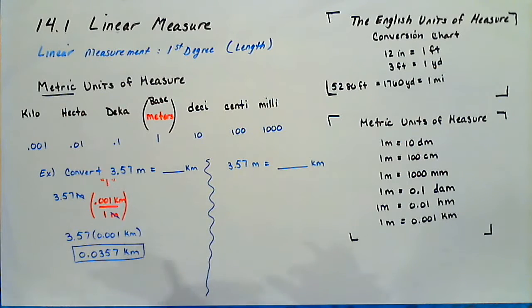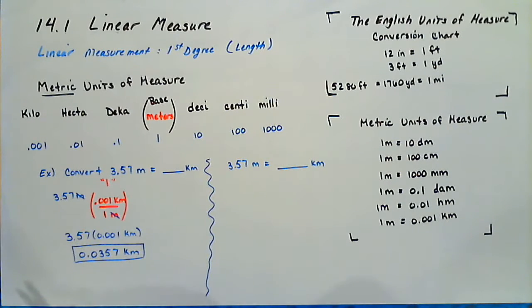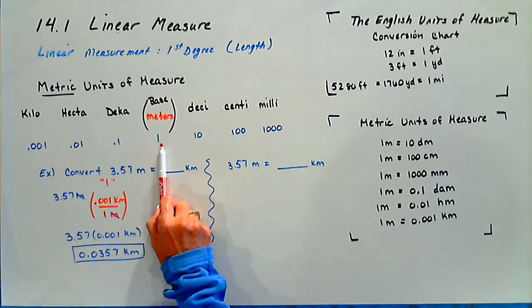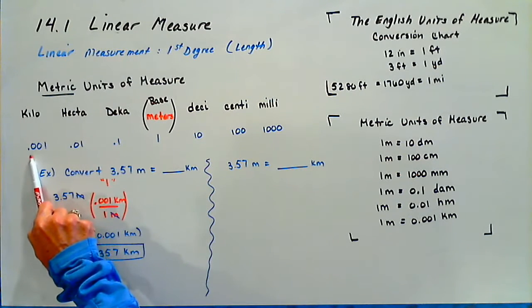Now, another shortcut, but we have to always know why it works. Another way to look at this to check your answer is simply to count from meters back to kilometers. Since I'm starting at meters and going to kilometers, I need to move my decimal 1, 2, 3 to the left.